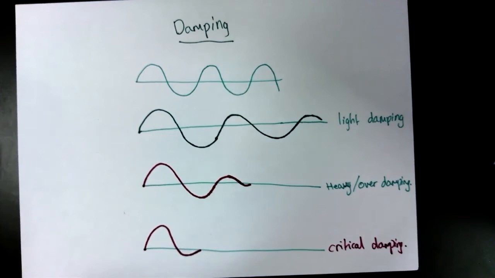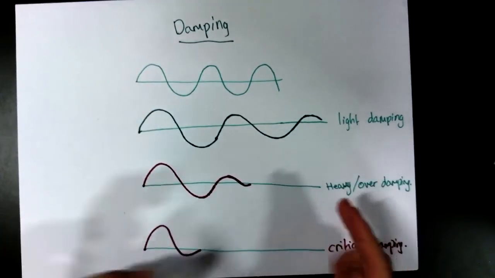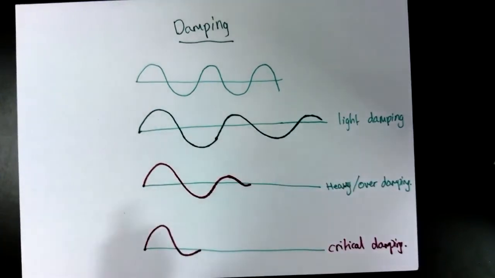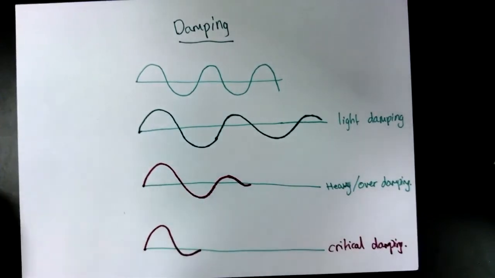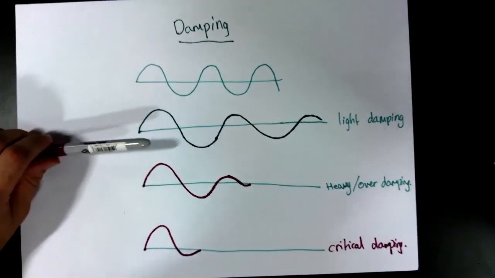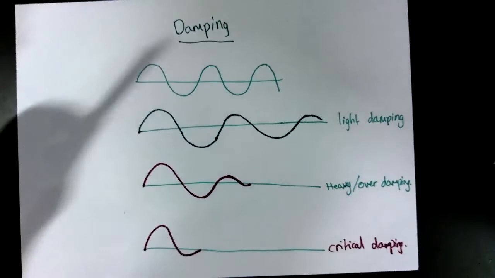Now, damping has an effect not just on oscillations, but also on resonance, because the effect of resonance is that we're increasing the amplitude. Well, if damping is acting to reduce the amplitude, and we damp a resonant system, then we don't get either the resonance we want, or we don't get the amount of damping we want.